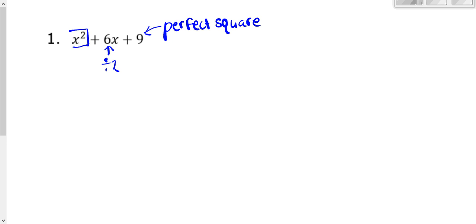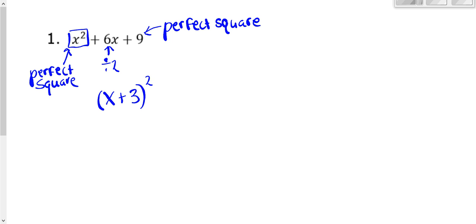And my first term is also a perfect square. So this is actually a perfect square trinomial, meaning my factors will be x plus 3 squared.